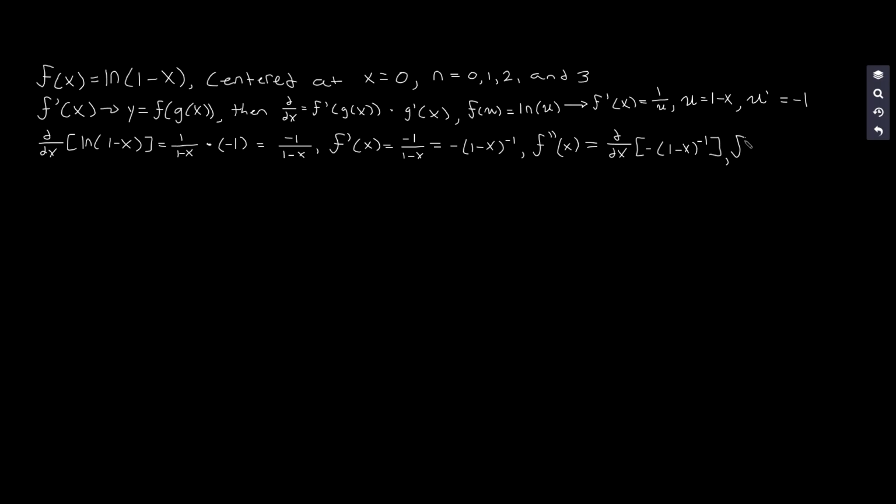So that would make f of u, that's what we will do the power rule on, u raised to the power of negative 1, and then the inside function, well, that's going to be u equals 1 minus x, and then we're going to do the chain rule.